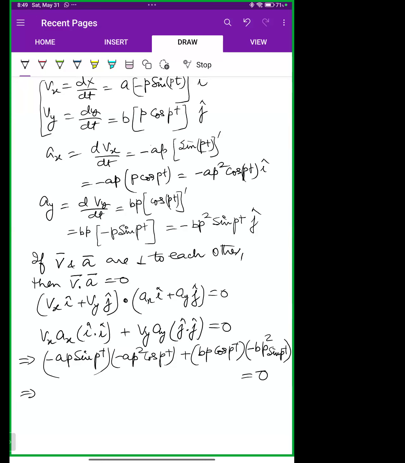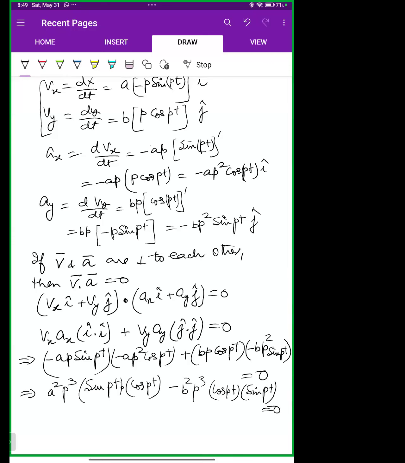So you see something comes out common, AP and AP square. So it is A square P cube sin PT into cos PT. Minus B square P cube, again, cos PT sin PT.